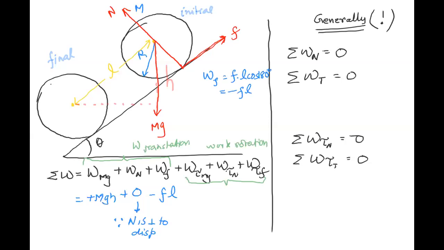Work done by torque due to mg is 0. Why is it 0? Because the torque of mg is 0, since my origin is the center of mass. We have already discussed this.